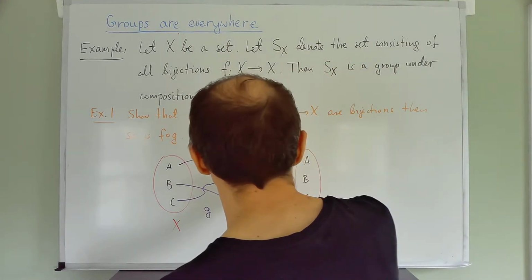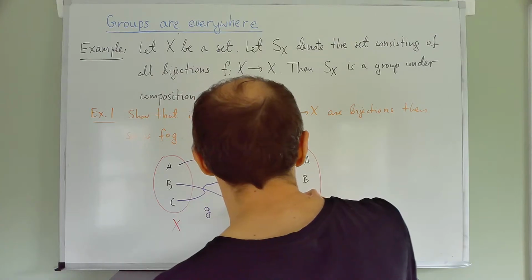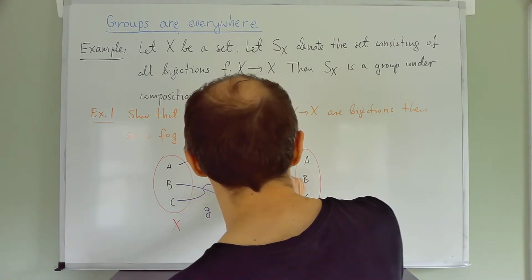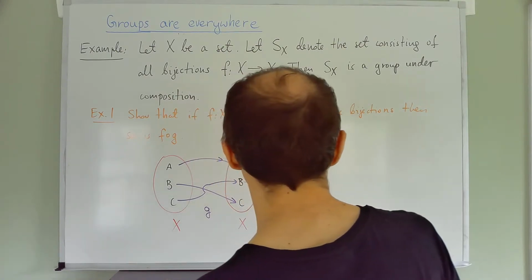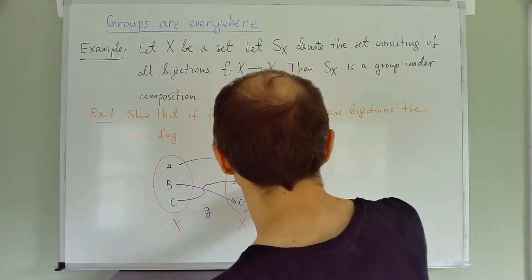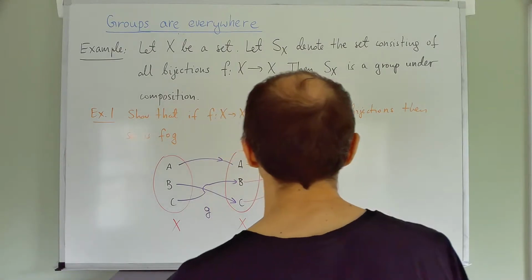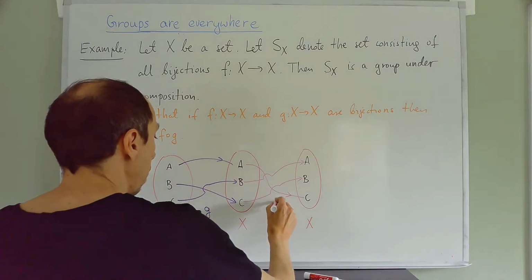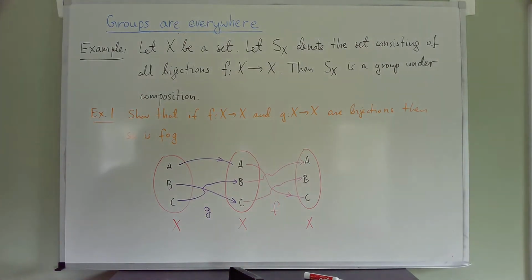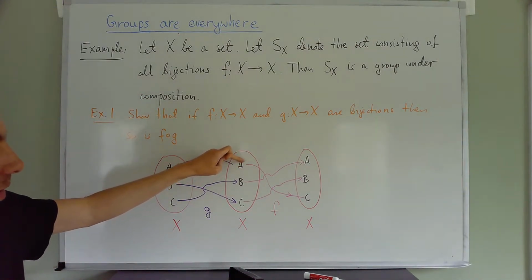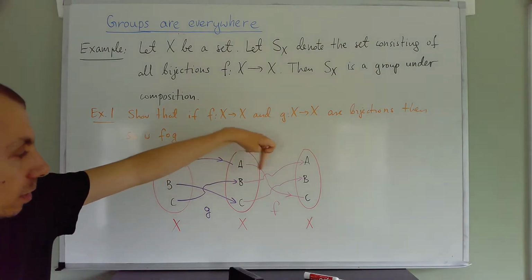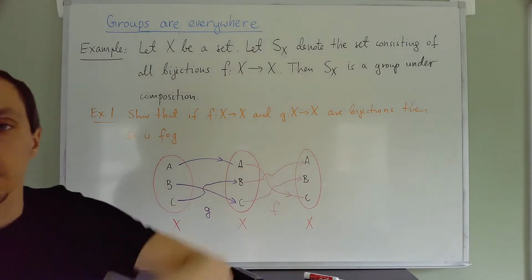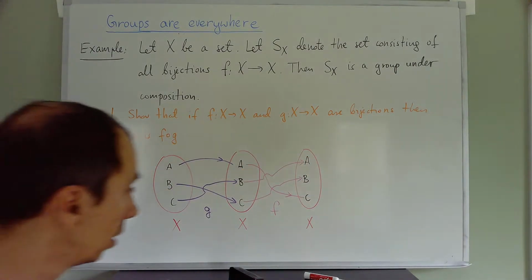How about A goes to C, B goes to A, and C goes to B. Is that a bijection? Let's call this F. Well, different elements, A, B, C, go to different ones. A goes to C, B goes to A, and C goes to B. And the range is again the entire set X, so it's a bijection.